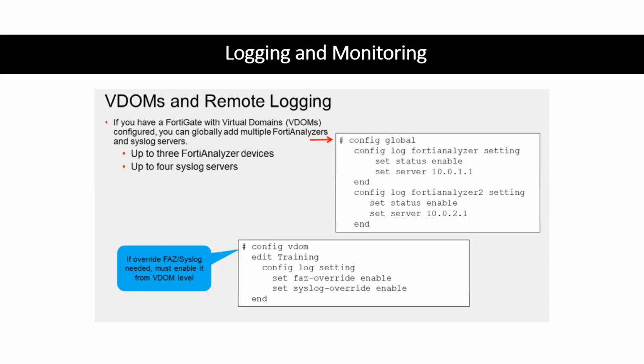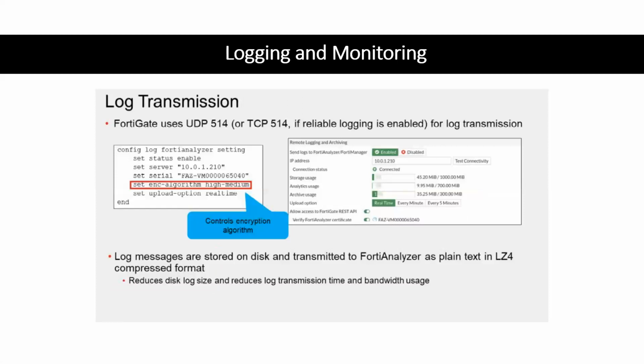But you can configure up to 3 FortiAnalyzer devices and up to 4 syslog servers under global settings. I'll say it again. You can configure up to 3 FortiAnalyzer devices and up to 4 syslog servers under global settings. Okay, let's keep going.